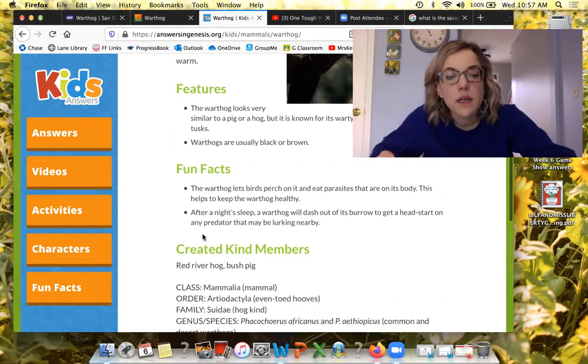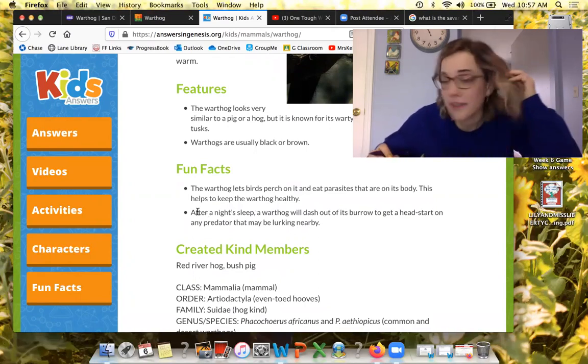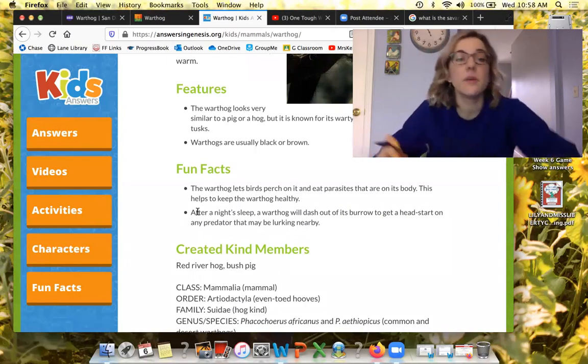Okay. After a night's sleep, a warthog will dash out of its burrow to get a head start on any predator that might be lurking by. Wow, that's so interesting. What an anxious way to start your day. You think that it's annoying waking up to an alarm clock. Imagine waking up because you're terrified that a cheetah or a lion might be lurking anywhere nearby.